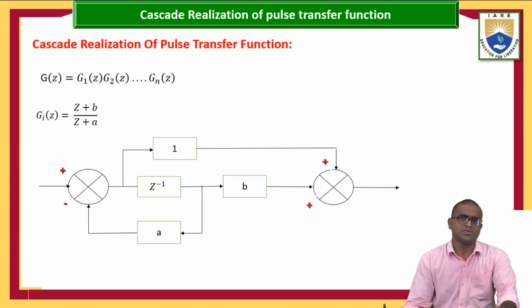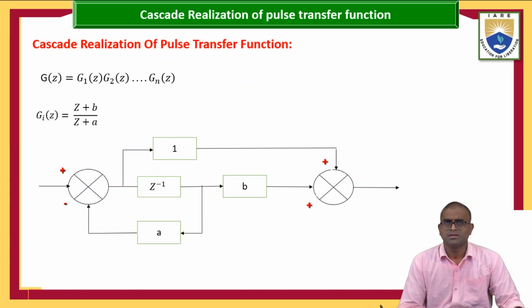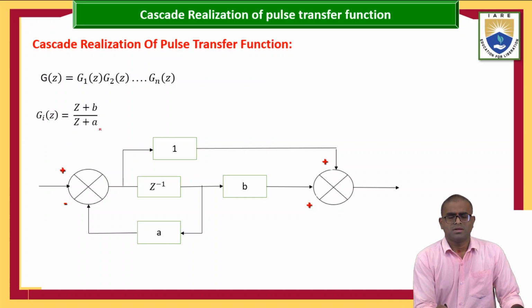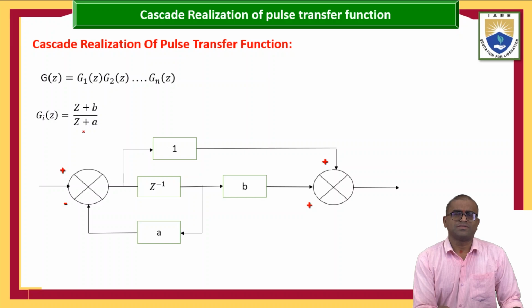For example, if you take any function, I am taking the zero of the function as z plus b and the pole of the function as z plus a. For this one, I am going to do the realization of the pulse transfer function. For drawing the realization of a pulse transfer function, we first have to analyze the order of the function.